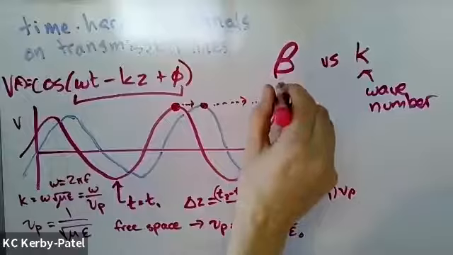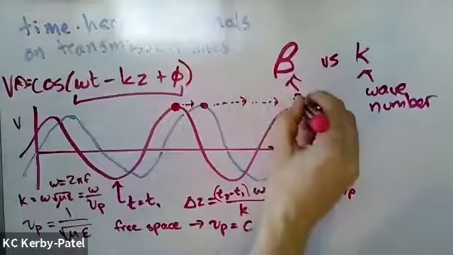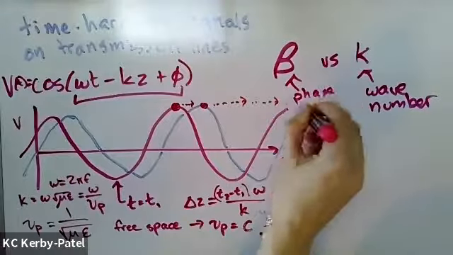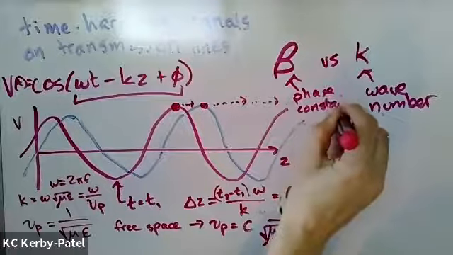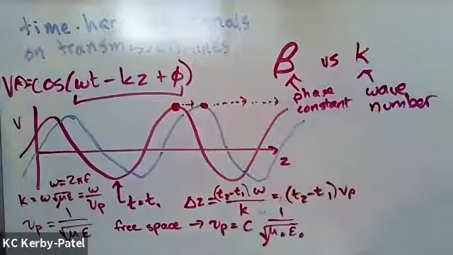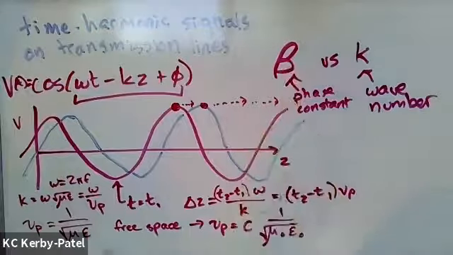Beta is a more general thing called the phase constant, which in more advanced settings can be a different value from k in a particular medium, depending on what types of waves are allowed to exist. So for transmission lines we'll be using beta, but it works the same as k. It is the phase constant, and that's the important thing.